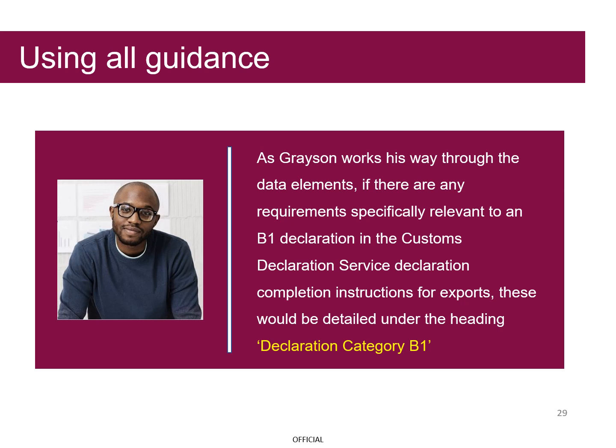As Grayson works his way through the data elements, if there are any requirements specifically relevant to a B1 declaration in the CDS declaration completion instructions for exports, these would be detailed under a declaration category B1 heading as described in Step 10.